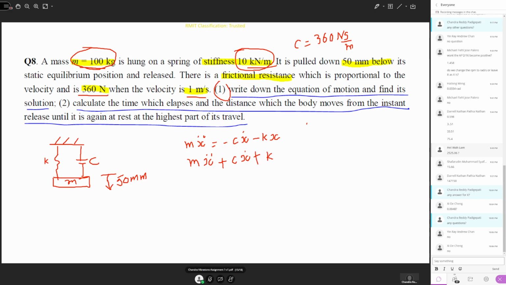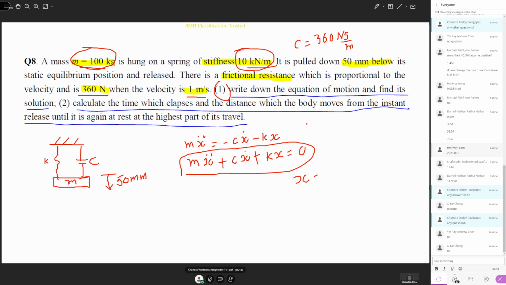So the equation of motion you can write, we know m, we know c, we know k. Just put down the values, then you can get the equation of motion of the system. So that is the first part: write down the equation of motion and find the solution. Find the solution means you need to find the response of the system.